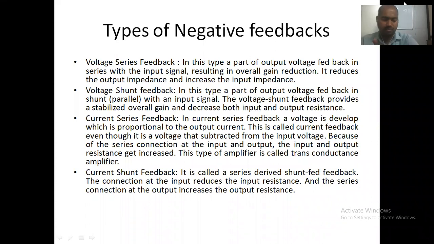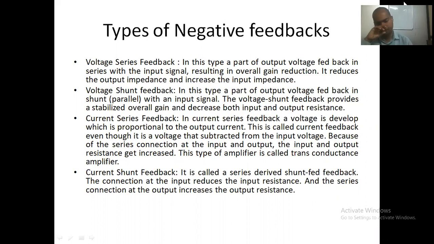Why do we study only the negative feedback here in more detail, not the positive feedback?